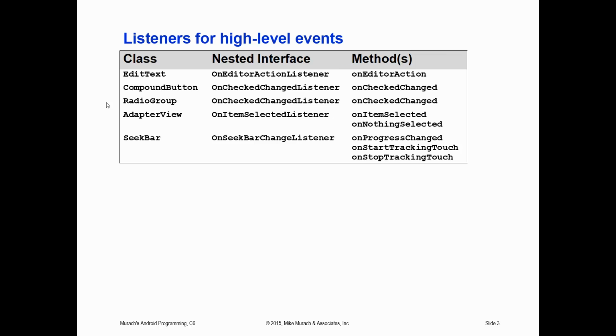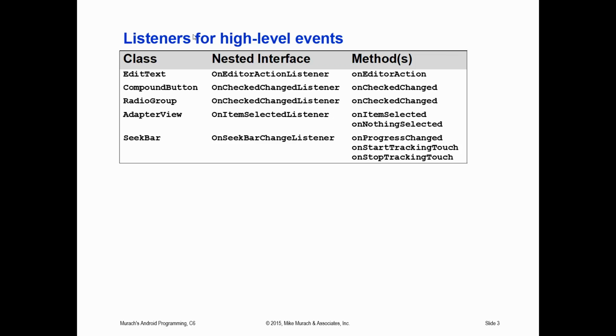So there are 2 basic kinds of events that you work with, and those are high-level events and low-level events. High-level events only occur on specific types of widgets. For example, we looked at the editor action event in reference to our tip calculator.